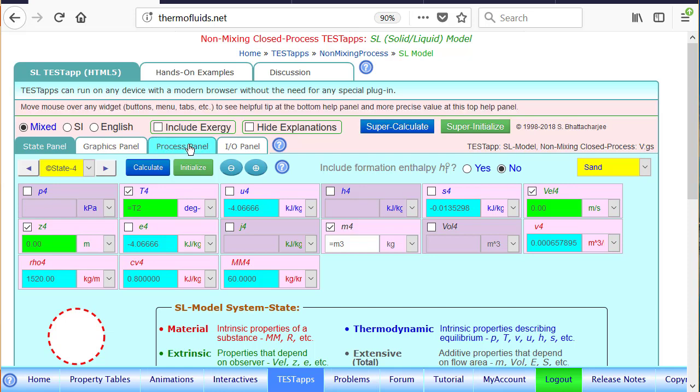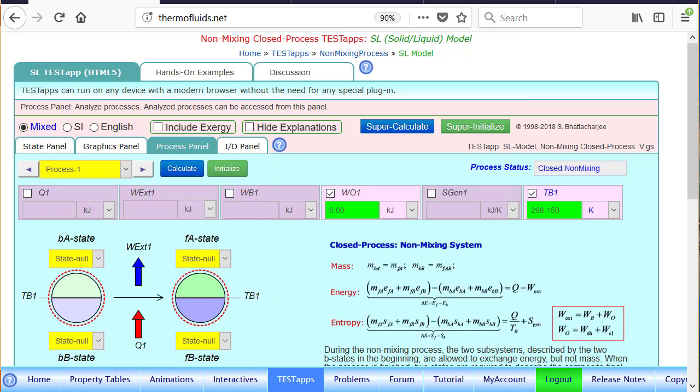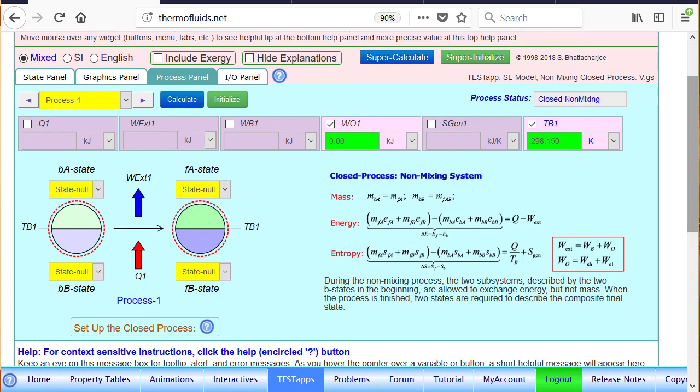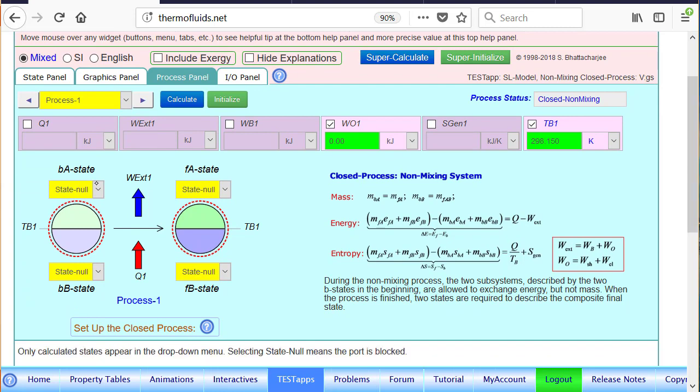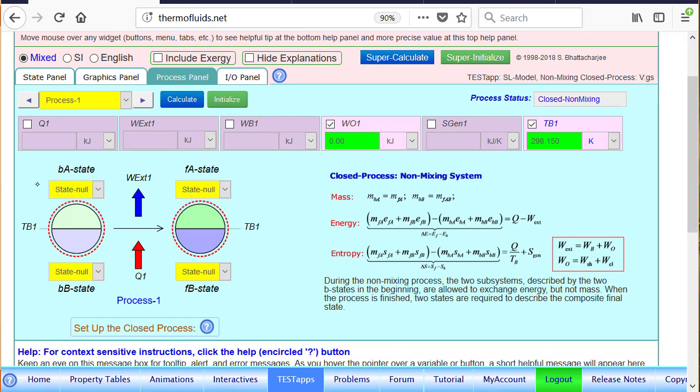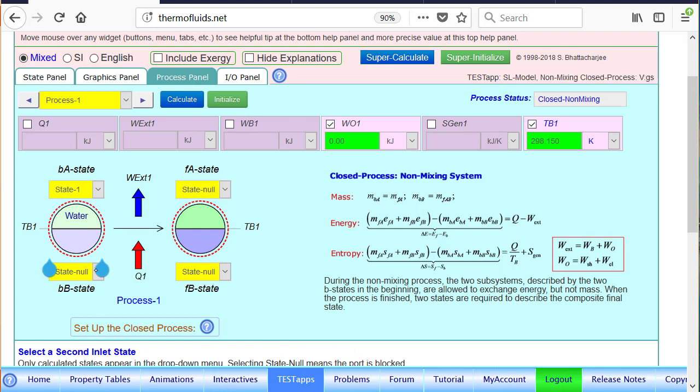So you go to the process panel now that we found all 4 states, and this is where you've got to be careful to pick all the states when you set up the process. Look, in the composite state, the beginning state has state 1, which is water, and state 3, which will be our sand.